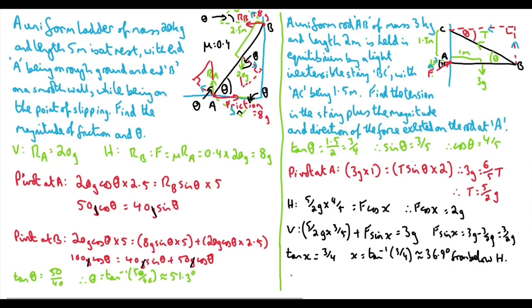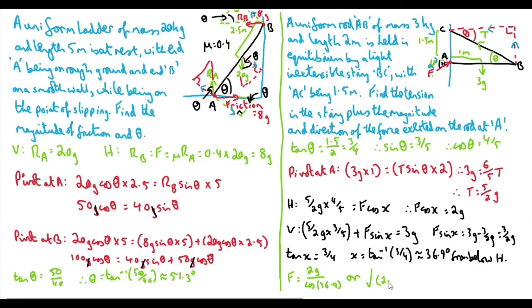So we could say that F is going to equal 2g divided by the cos of 36.9, or we could use Pythagoras, essentially, to say that if this is an expression of the adjacent, and this is an expression of the opposite, then this squared plus this squared should equal F squared.